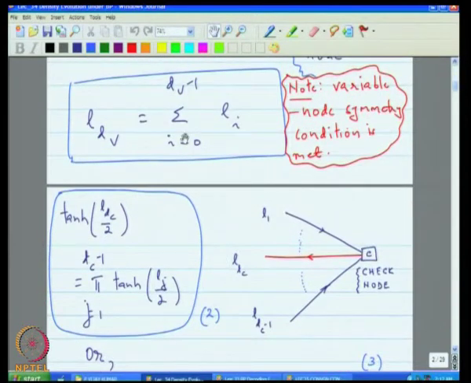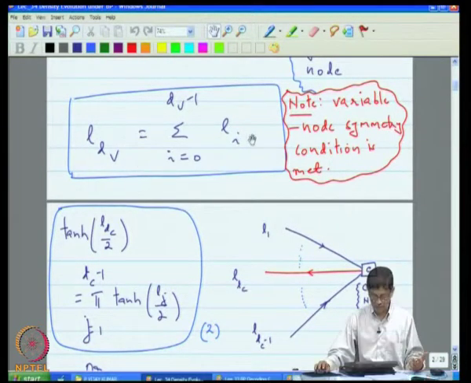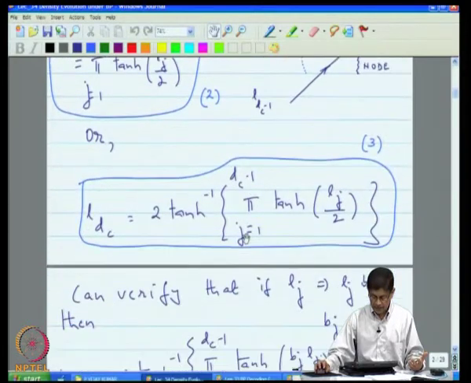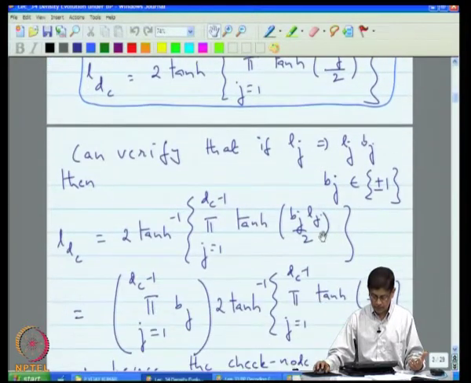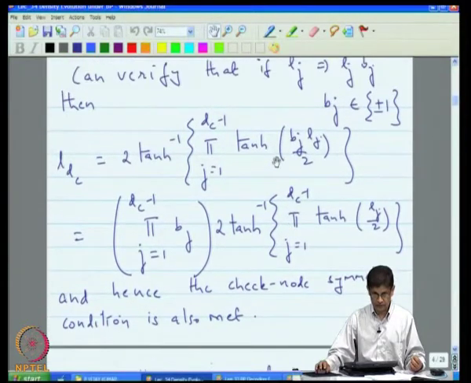In the variable node symmetry we need that signs factor out, that is, if all of them flip sign then the output also flips sign, which is clearly the case. At a check node we simply require that if you multiply each incoming message by a plus or minus 1 symbol, then what you get at the output is the product of those plus or minus 1 symbols. That happens because the tan hyperbolic is a monotonic function and preserves the sign.